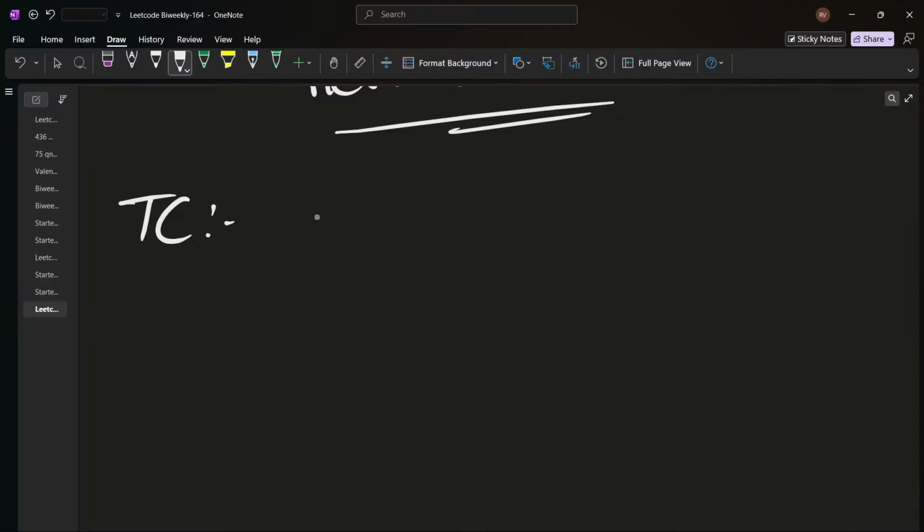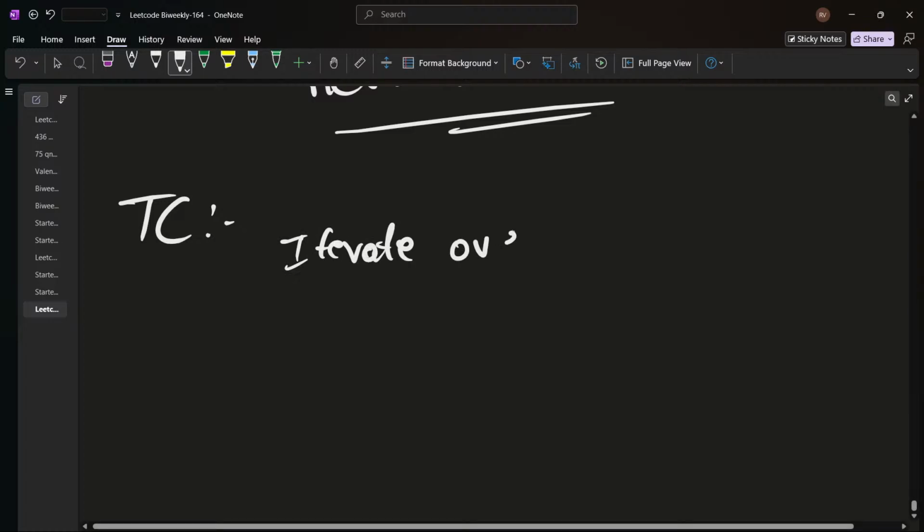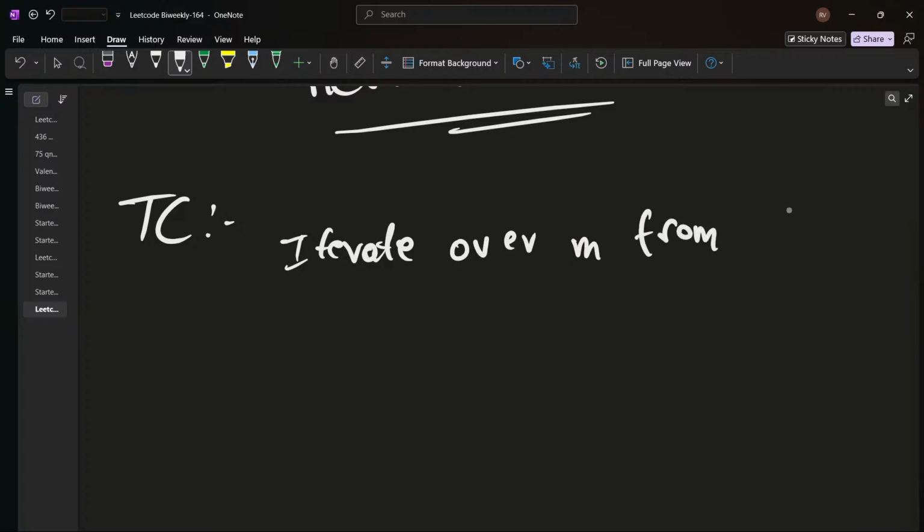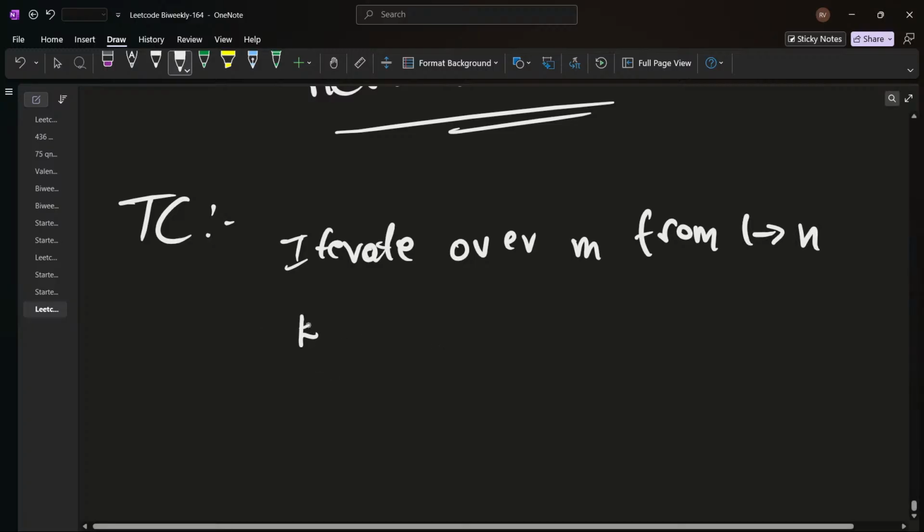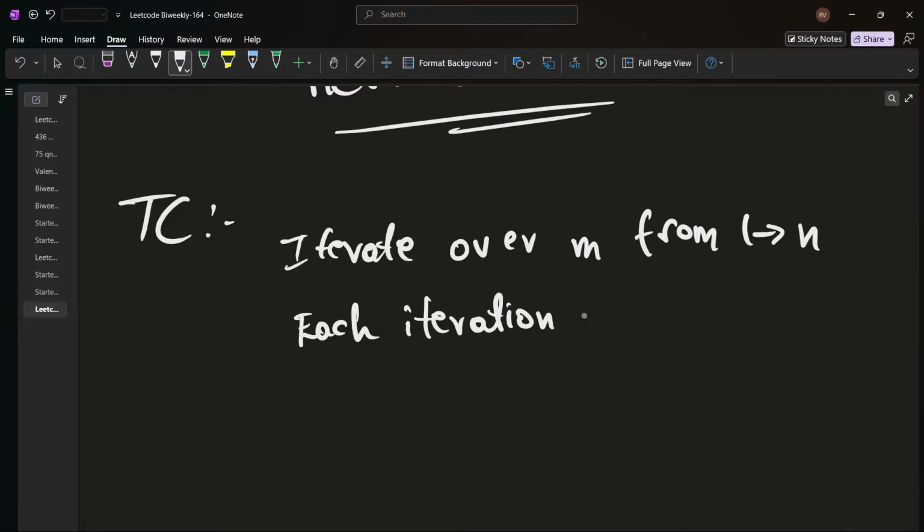Now going on to my time complexity. First, iterate over m from 1 to n. Each iteration takes O of 1.